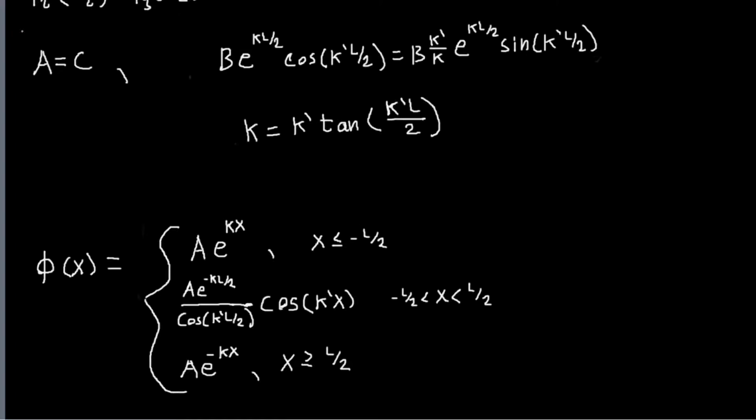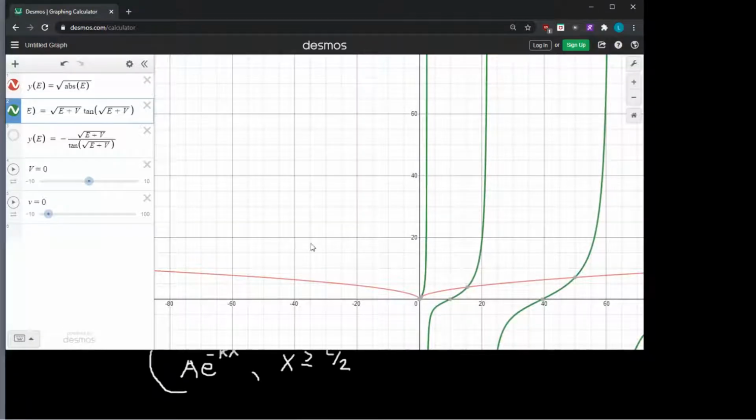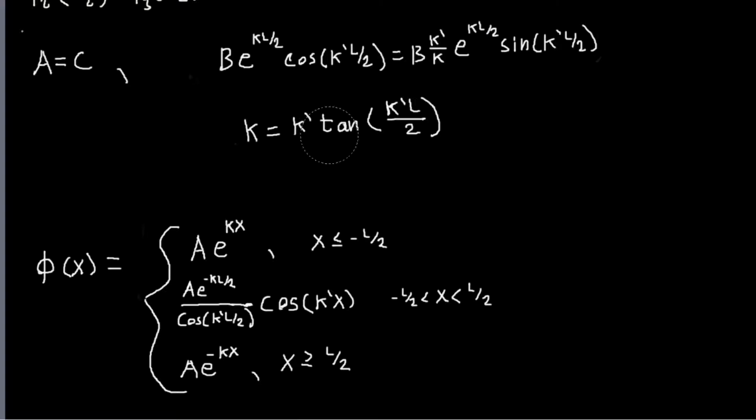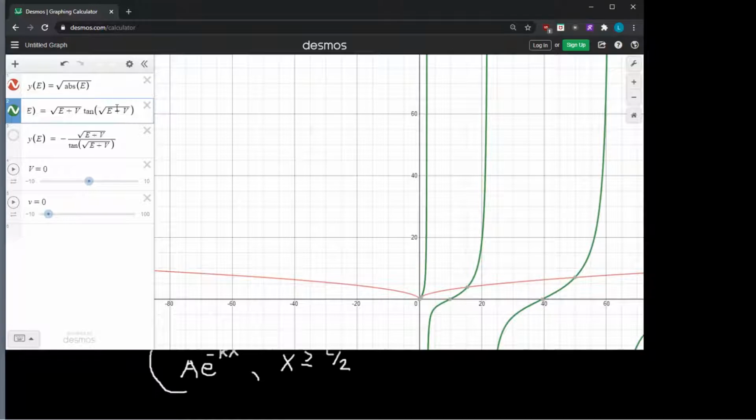So I've plotted it here. Remember, k goes as the square root of the absolute value of E, and k prime goes as the square root of E plus V. Ignoring this one for now, I'll talk about what it is later.